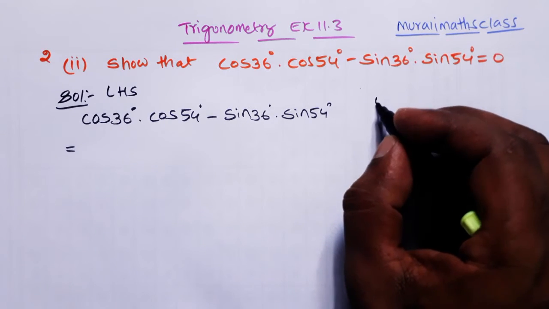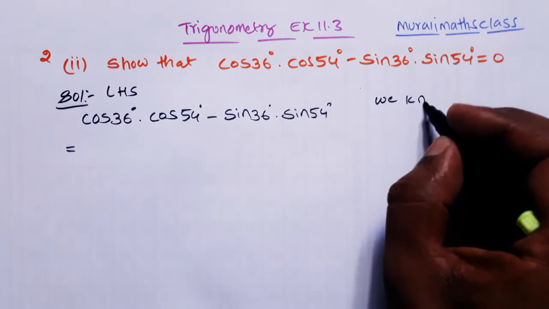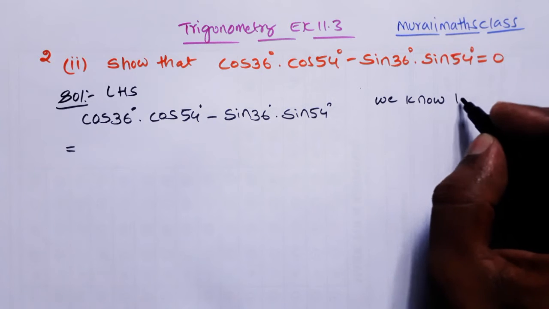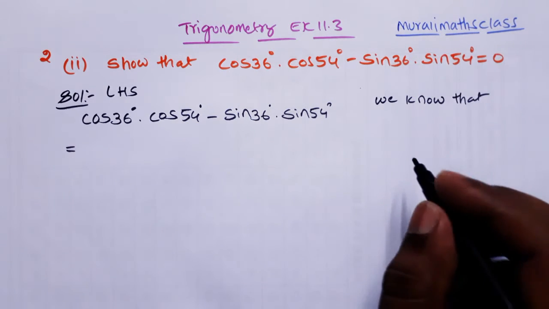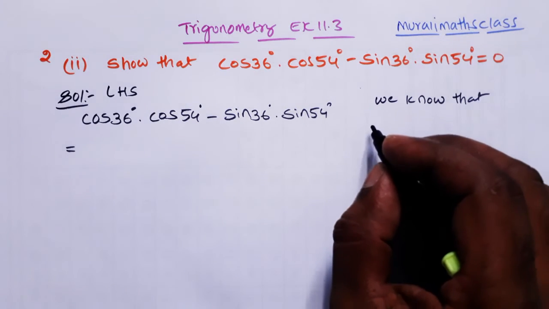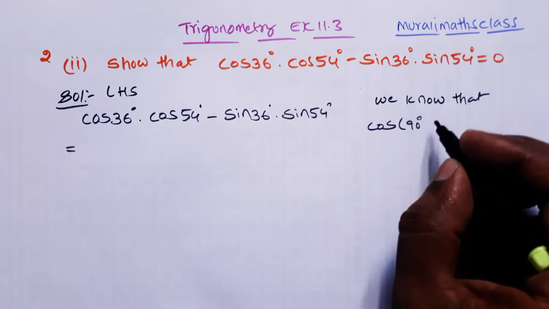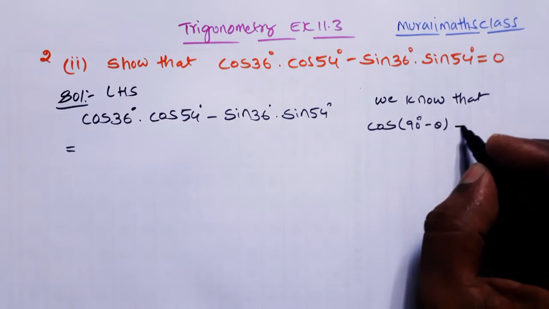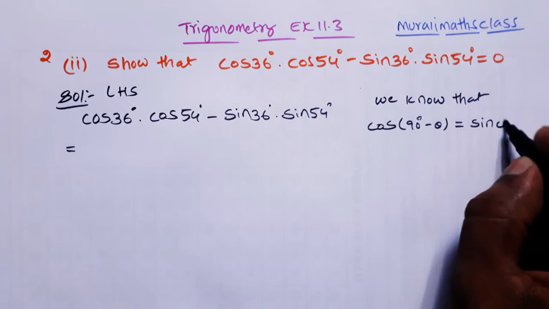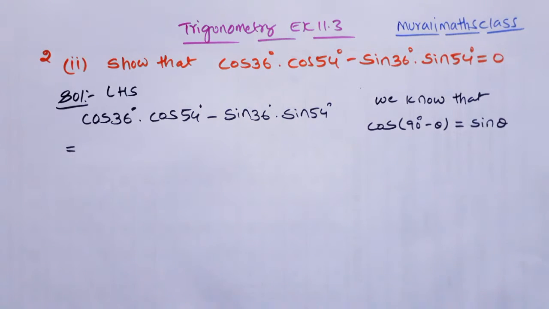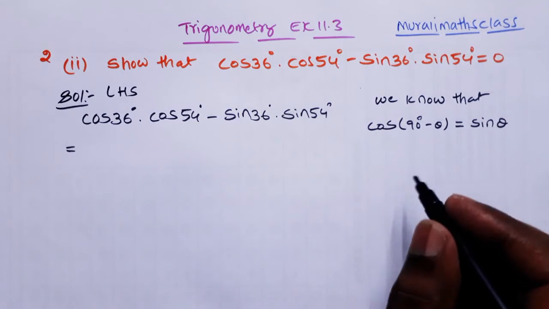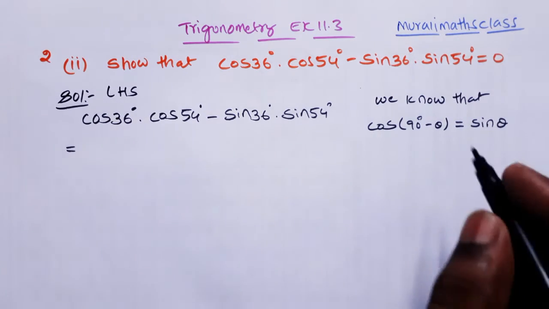We know this formula: cos of 90 degrees minus theta is written as sin theta. Now we have to get cos 36.